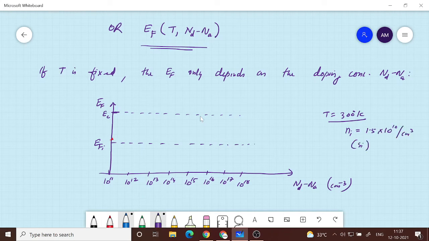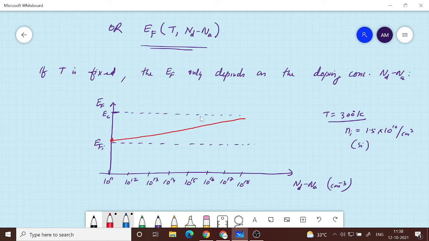So 10 raised to 11 is very close to 10 raised to 10, so it is very near to EFi. Then it will increase like this, and go very near to the conduction band at heavy doping.